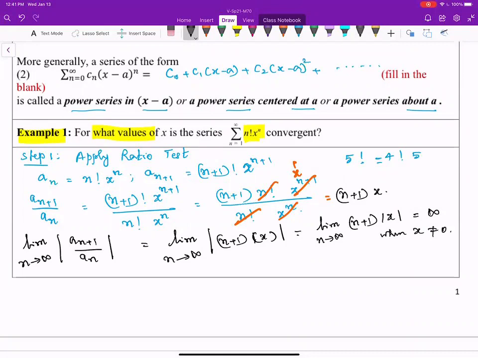Otherwise, it would become indeterminate.